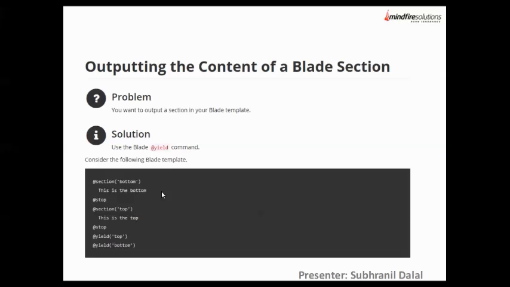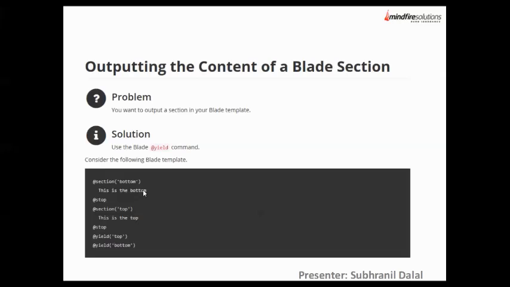Now, how can you output the content of a blade section? Normally when I need to output some content in the blade template, we use a function called yield. When we yield something, the content inside that section becomes visible to the user.